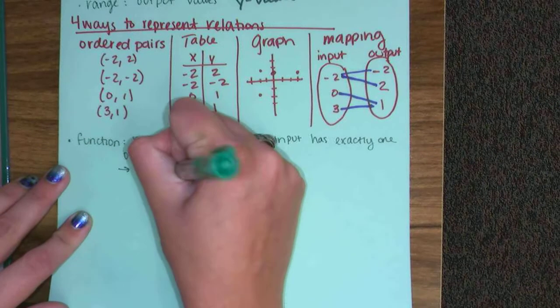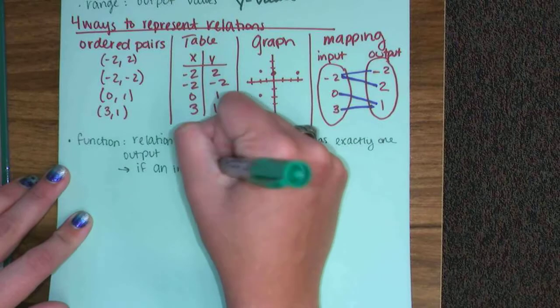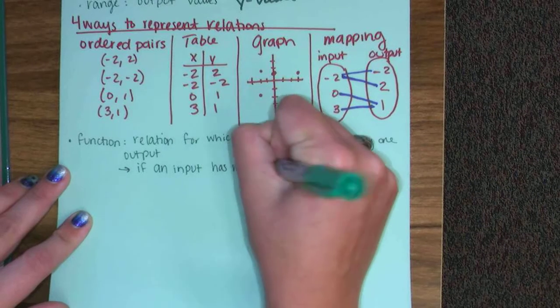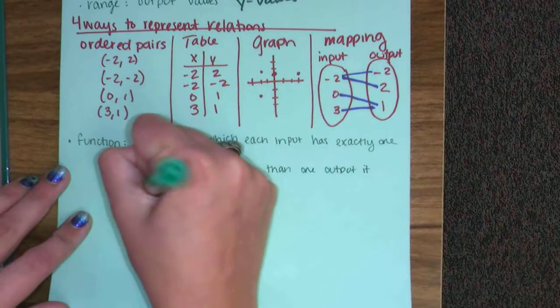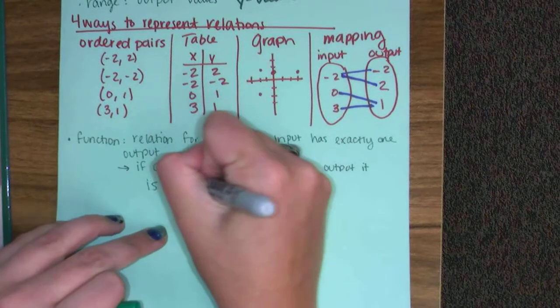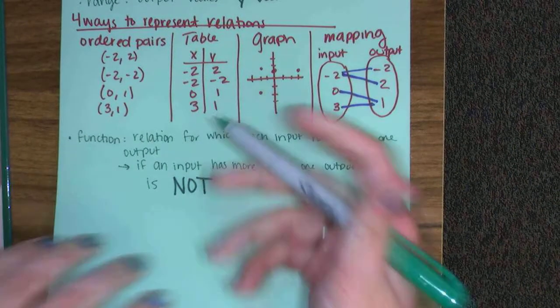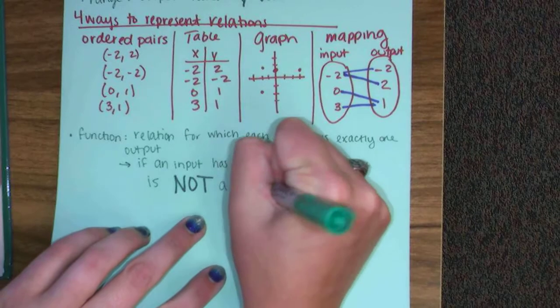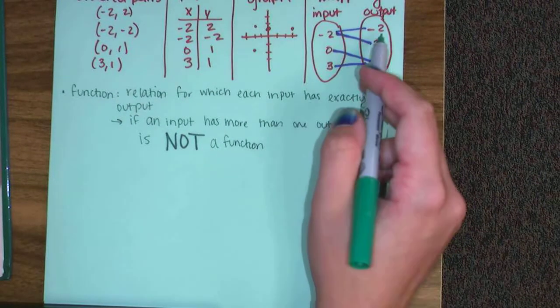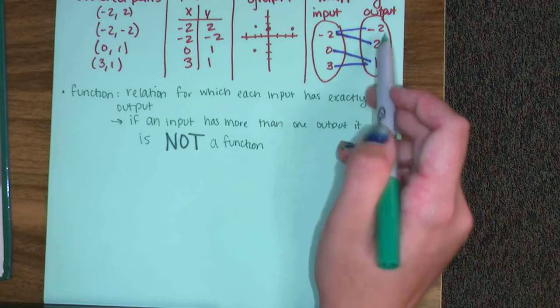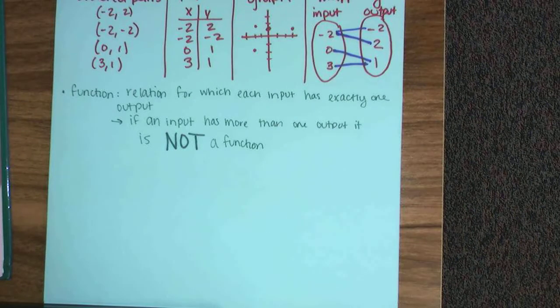If an input has more than one output, it is not a function. Okay, so in this case, an input had more than one output up here. Okay, this one input had two outputs. This would not have been a function. And like I said, we'll look at examples of that and how to tell if they are or are not in class.